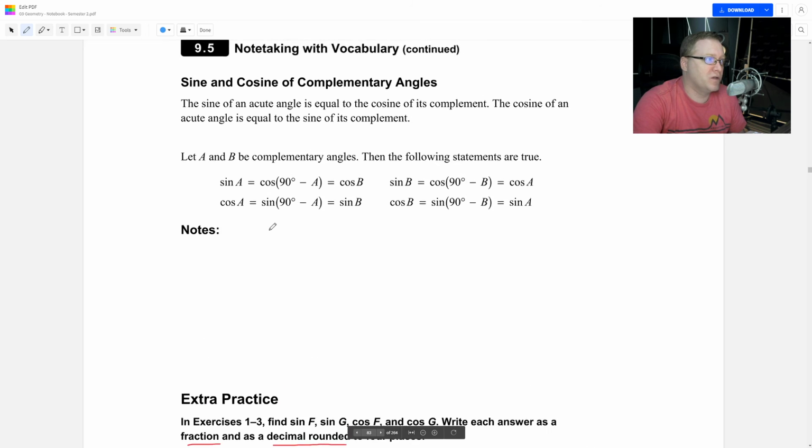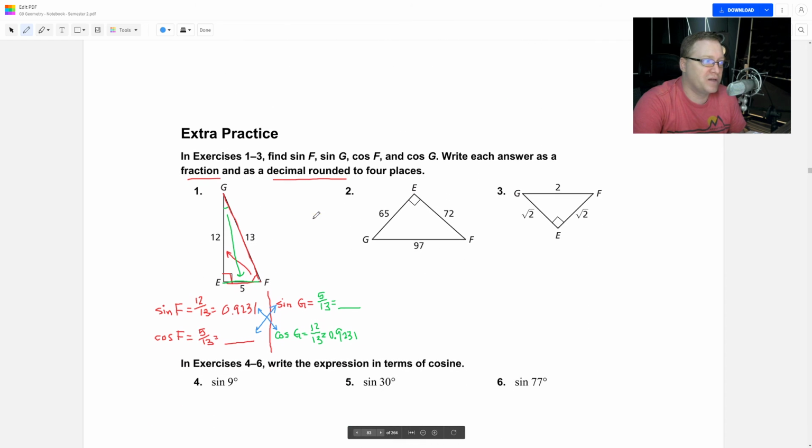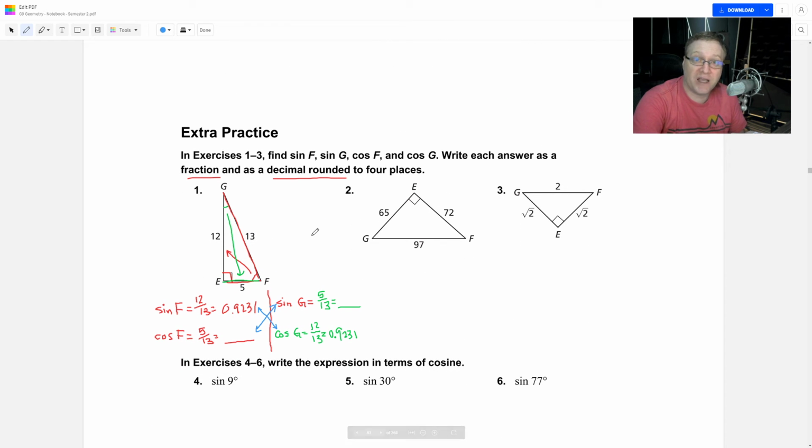And that's actually what this is saying right here, the sine and cosine of complementary angles. So what are complementary angles? Remember, complementary angles are angles that add to 90 degrees. This angle plus this angle will always equal 90 degrees, because this one is 90 degrees, and all three have to equal 180.